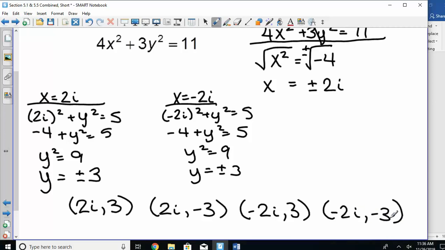If we would have started with eliminating x, would we get a different answer? No, you should get the same answer.